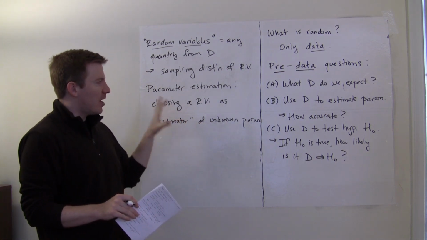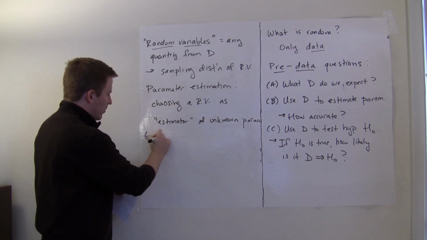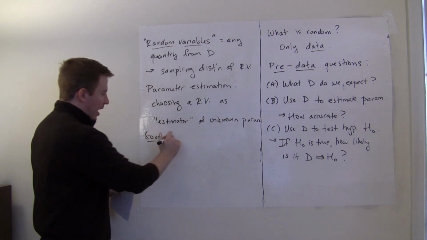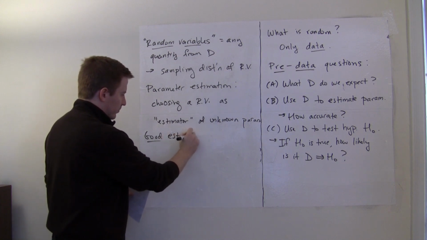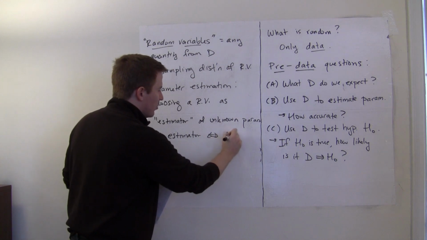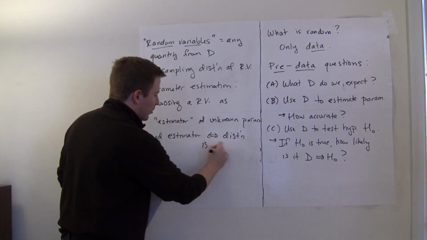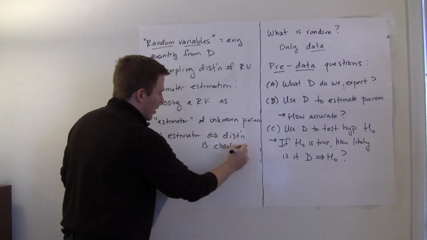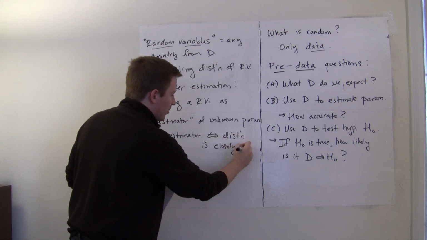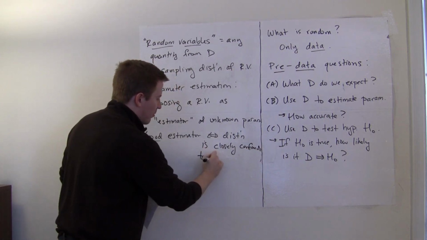Basically, that's going to amount to the claim that a good estimator is one where its distribution is closely confined to this parameter value.